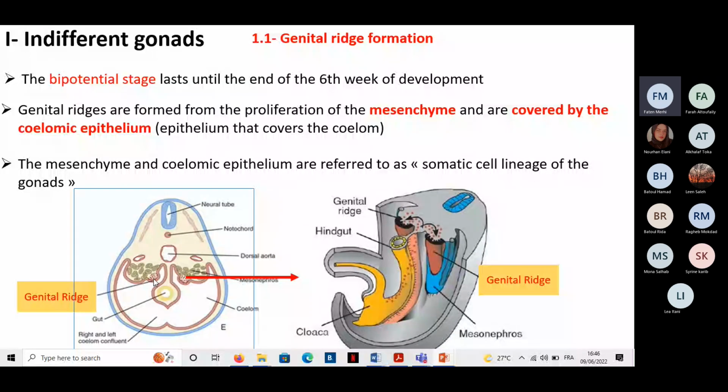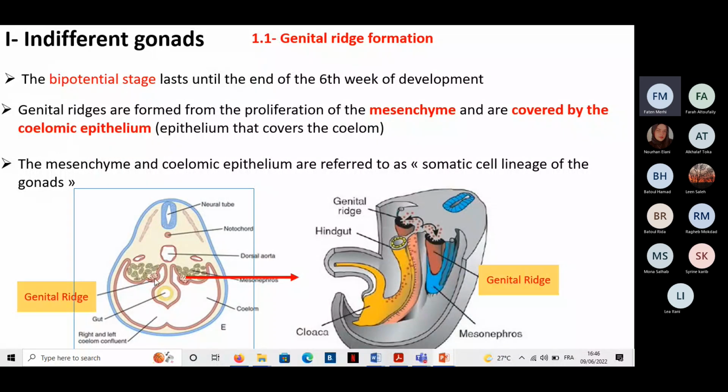So the somatic cells of the indifferent gonads come from the mesenchyme and from the epithelial tissue of the coelom, from the coelomic epithelium. That's why we refer to them as the somatic lineage of the gonads. So all the somatic cells in the gonads will have as origin the mesenchyme and the coelomic epithelium.